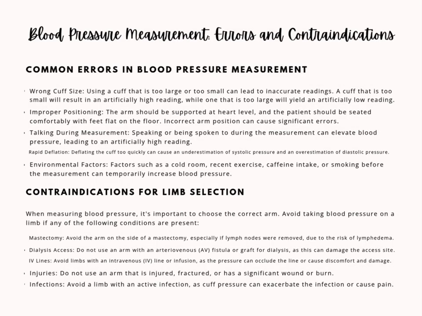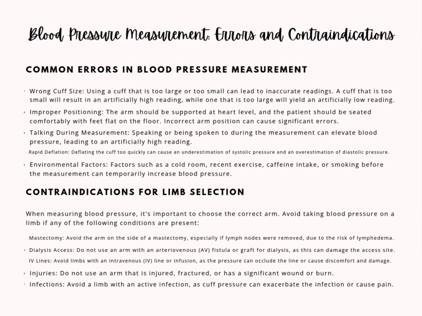Some common errors in blood pressure measurement: using the wrong cuff, which I've already talked about. Improper positioning is probably the most common. Talking: your patient cannot talk while you're taking their blood pressure, so don't ask them questions, because it will affect the blood pressure reading.